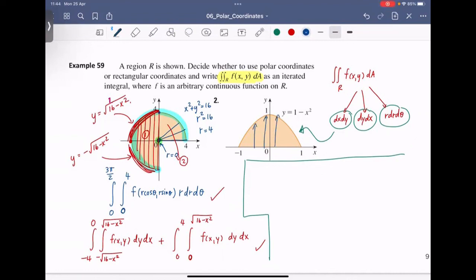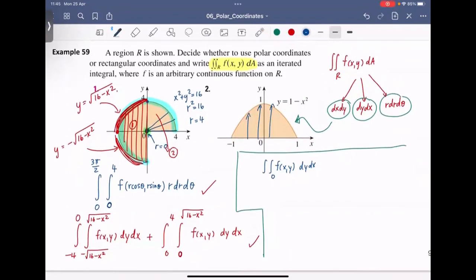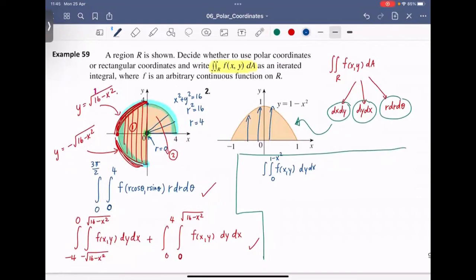Because if you do dy dx, y is going to start from 0, right? Because y starts from here. Your bottom curve is 0, and your top curve is the dome here, which is y equals 1 minus x squared. So it's simple to do dy dx. And then your x is going to be from -1 to 1.